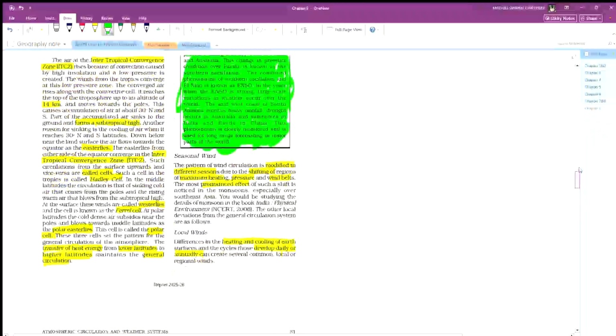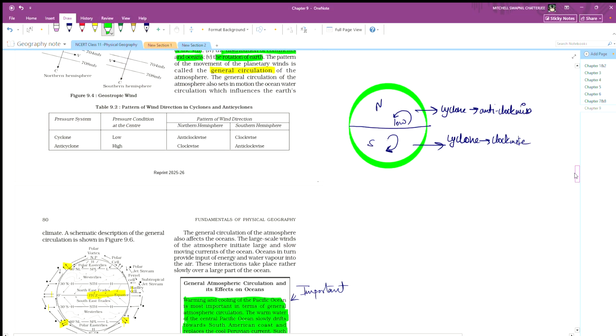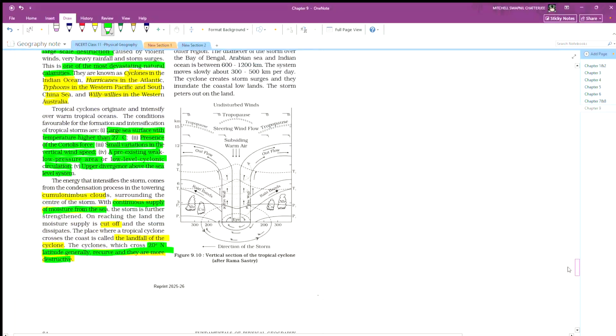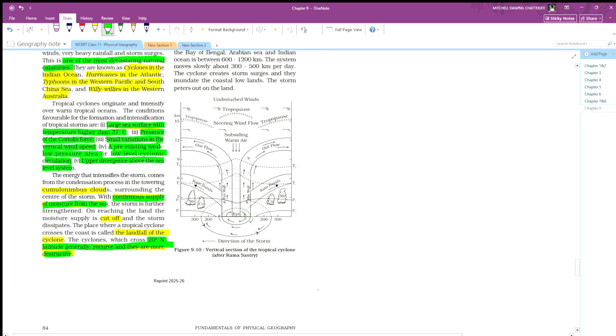Let's see something more, the pressure condition. The pressure at the center is low. All cyclones have lower pressure at the center; only an anticyclone has high pressure. This is the eye wall. The outflow: the air goes outside from this channel. The rain band: the rain is also going outside. The steering force.